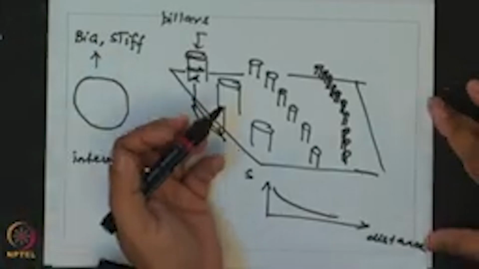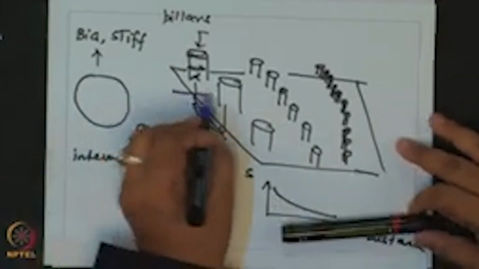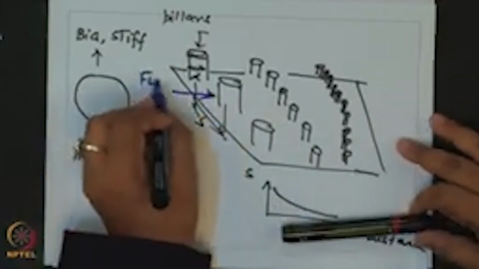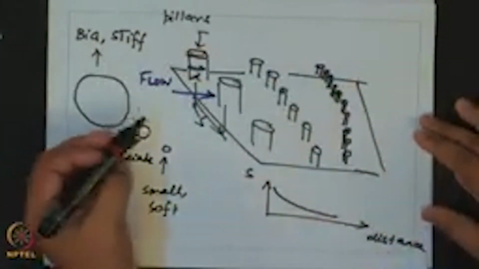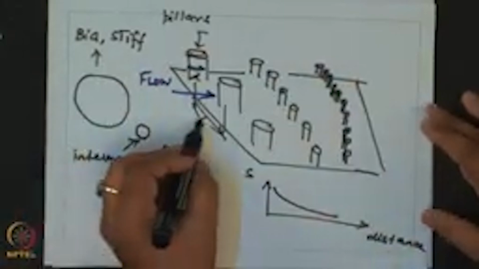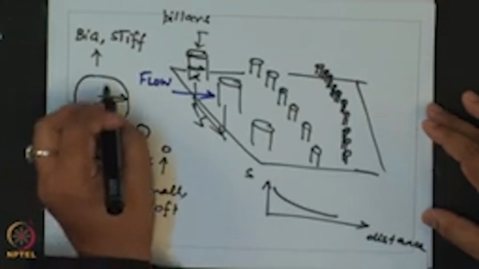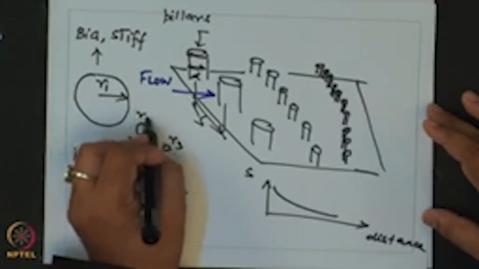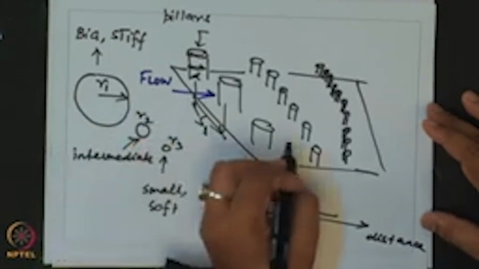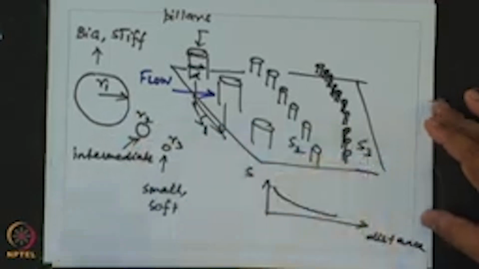You can use these devices where you flow them horizontally through the device. So, let us say these radii are R1, R2 and R3. Okay. So, you have 3 layers.